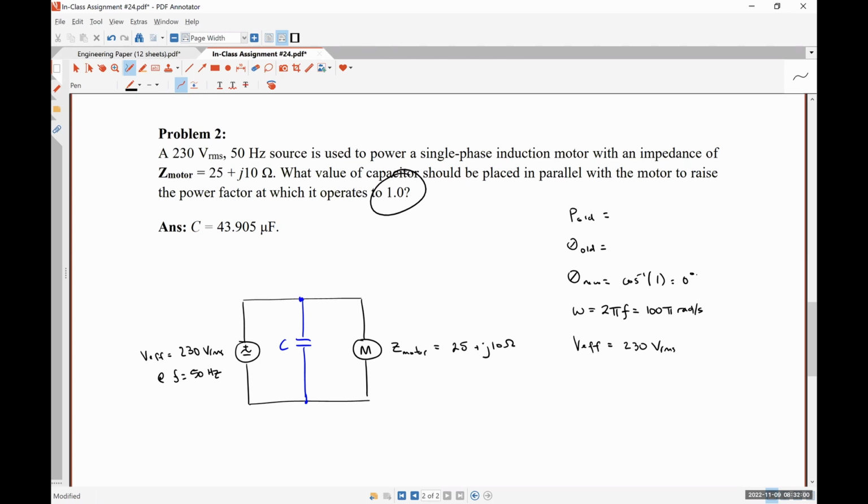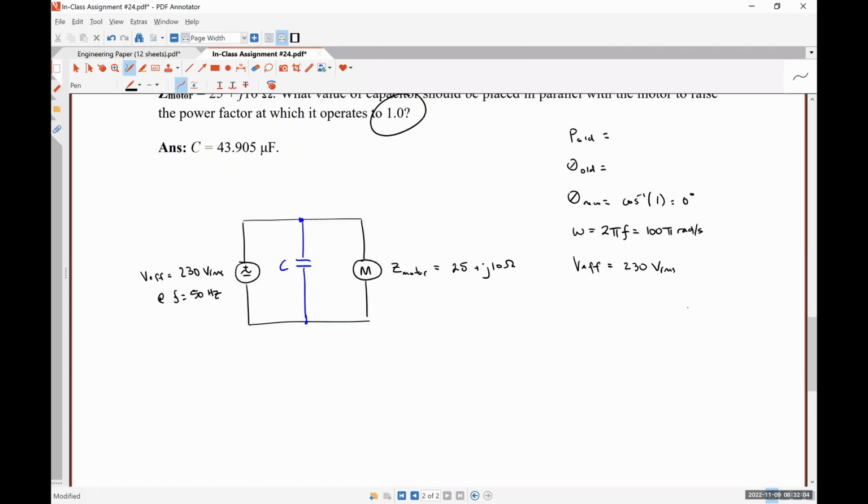We need to find the power absorbed by the motor. Sure. So from our alternative relationships that we developed at the end of Monday's class, S for the motor could be written as V effective squared divided by Z motor conjugate.